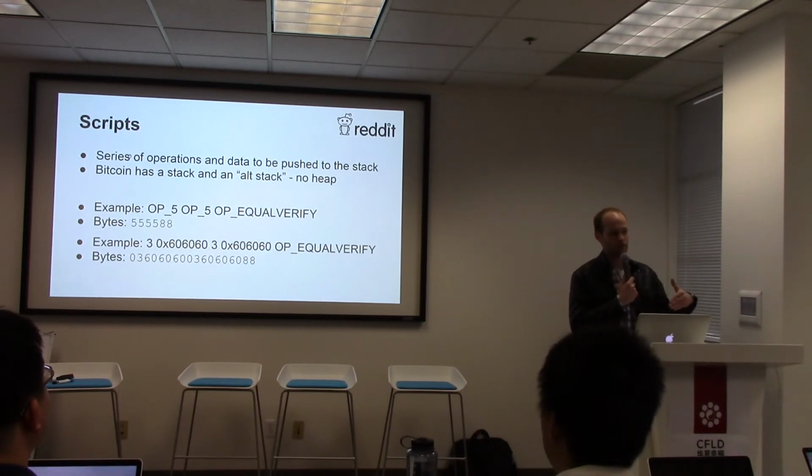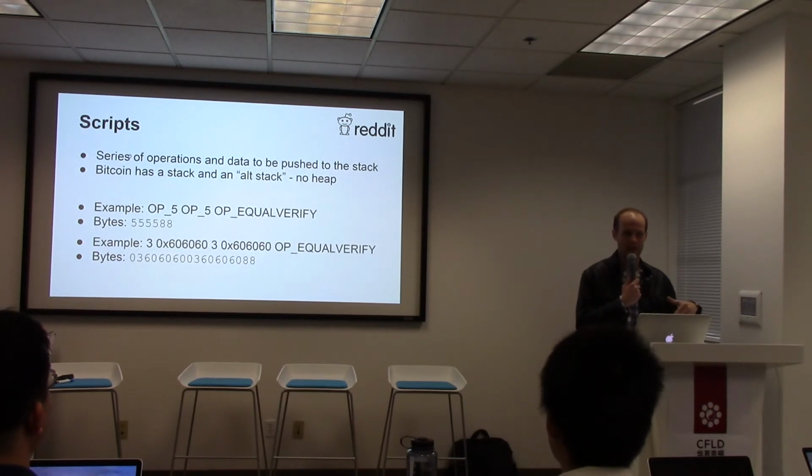You can push things to the stack, pop things from the stack, and perform an operation on the things on the stack, but there are no pointers, and nothing where you can dynamically allocate arbitrary amounts of memory. There's just a stack, and also an alt stack, so you can copy things to the alt stack and then copy them back again.